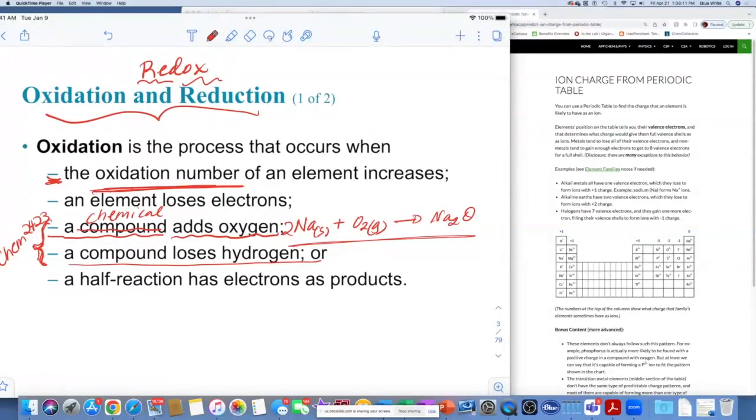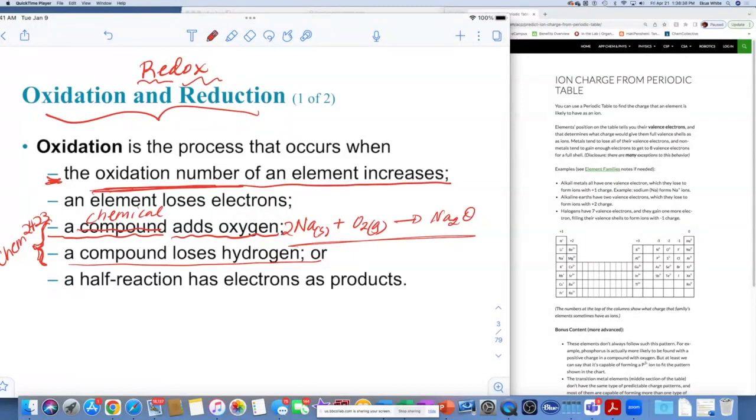Oxidation numbers can be tracked, and if you notice them increasing, we can say that process is oxidation, because oxidation tends to favor increasing oxidation number. And reduction tends to happen whenever the oxidation number is decreasing. But for right now, we're focusing on oxidation.